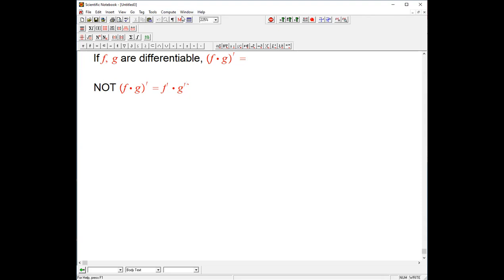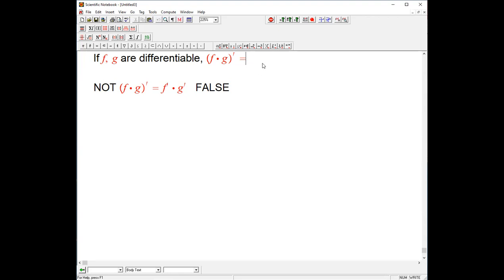This is false, even though it is a very common mistake. And what is it? If you see the proof, then you realize, yes, it cannot be. You will not make that mistake, hopefully.